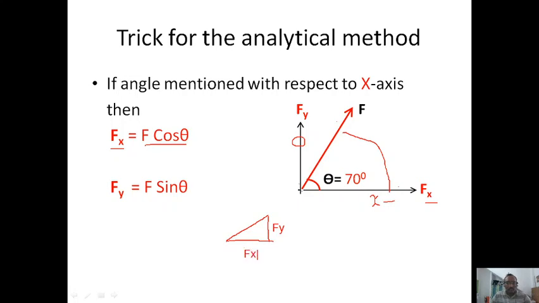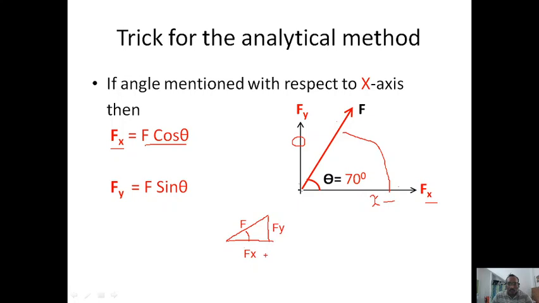F is the diagonal, Fy is the opposite side, and Fx is the adjacent side. So theta is here, in this figure.